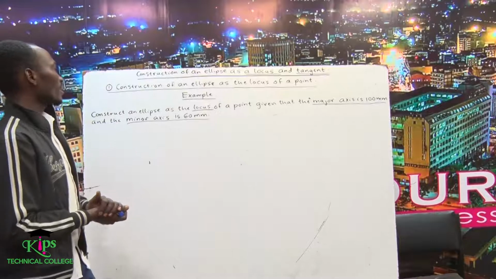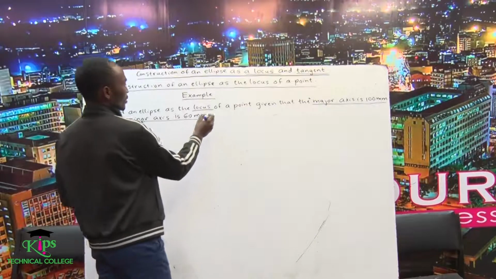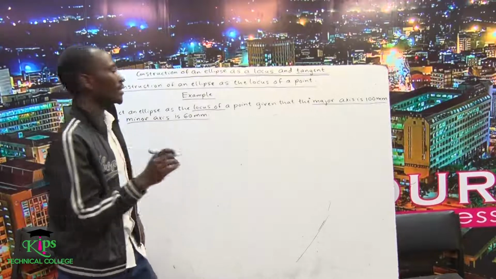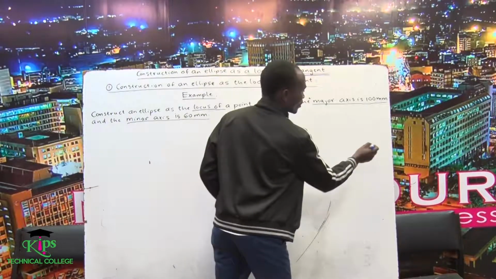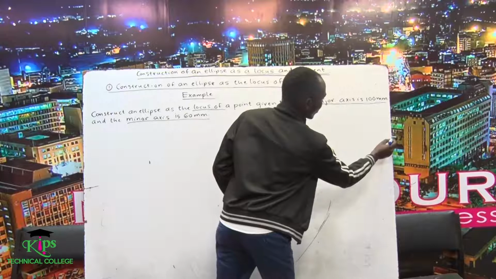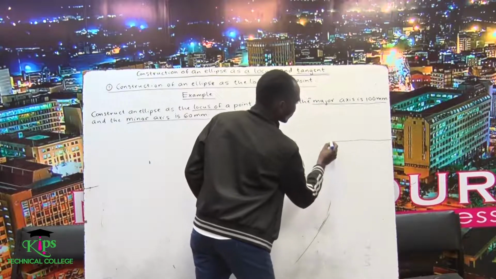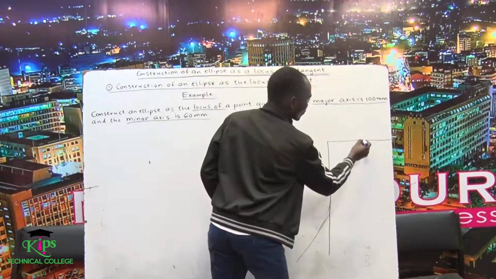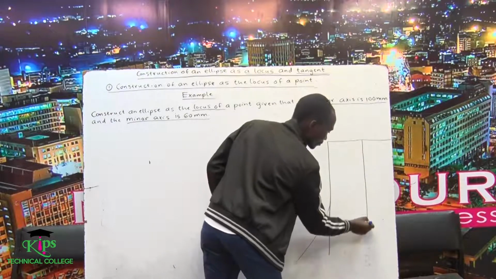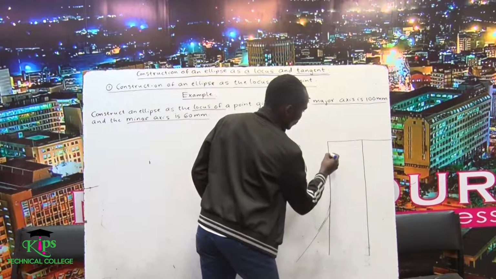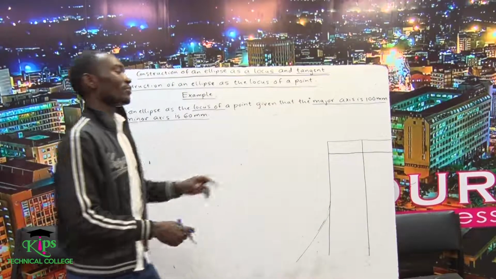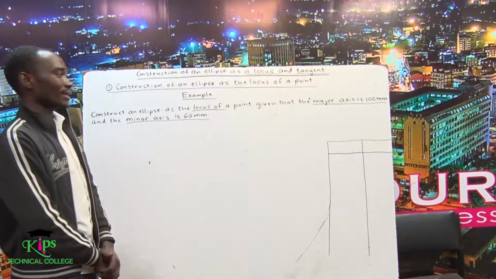So when you hear a locus of a point, first of all you should consider the major axis. So you draw a table somewhere like that.